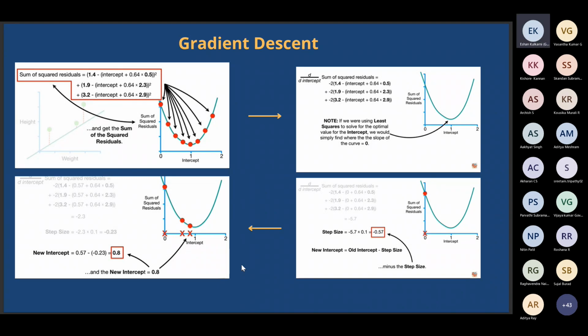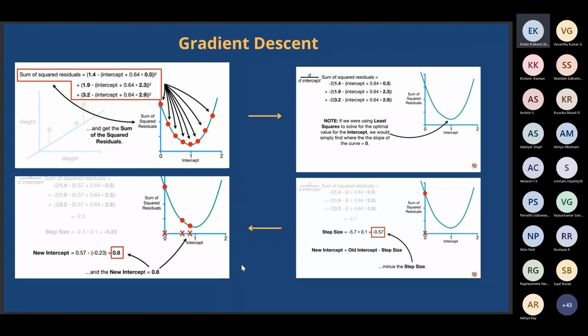So how do we approach this? Let's take the mean squared error as the simplest form of error we can take. Let's look at the first image, the topmost left image. We first calculate the sum of squared residuals. As Kishore had explained, the mean squared error, we are just doing that.